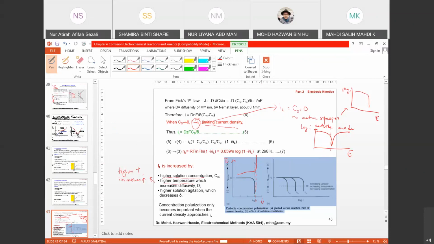Because passivity means that you already have a stable layer on the surface of your electrode, which in this case will be metal oxide, and this metal oxide doesn't give any changes to your metal, since it's already passive, so your metal cannot experience further dissolution or others.